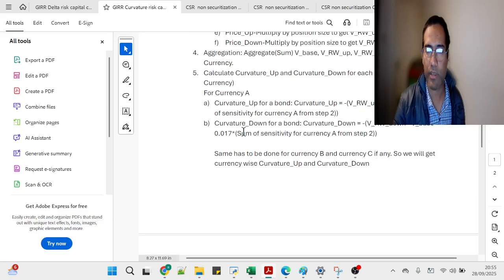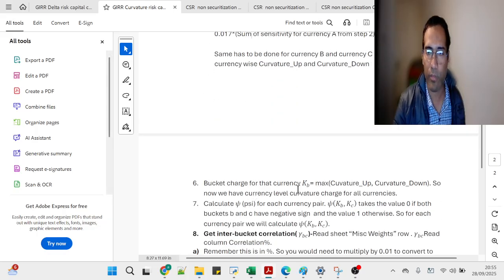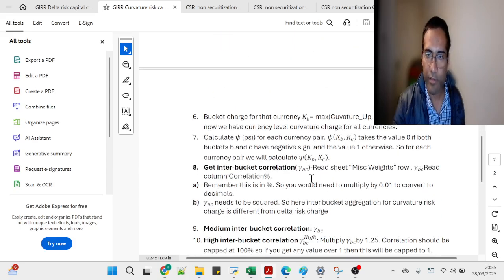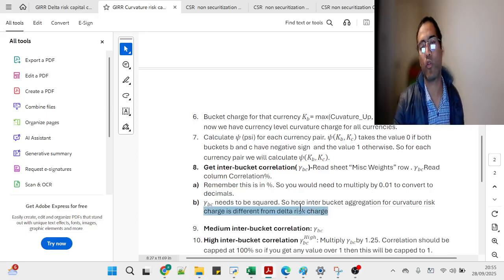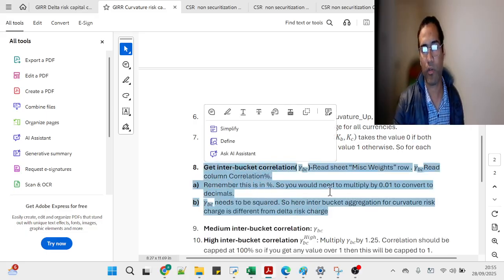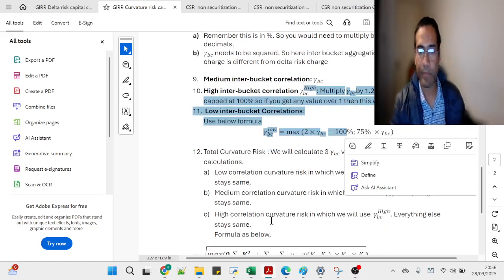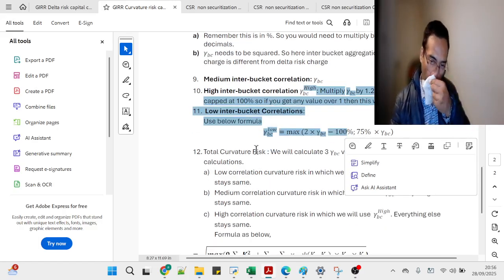Okay. So I think there was some aggregation done for all the bonds for that max curvature. And the correlation factors are the same. The correlation calculation is the same, like I told you about these correlations: medium, low, high.